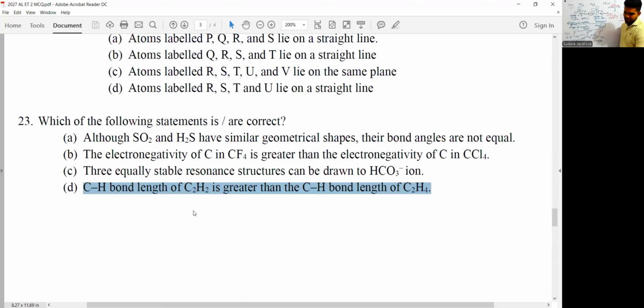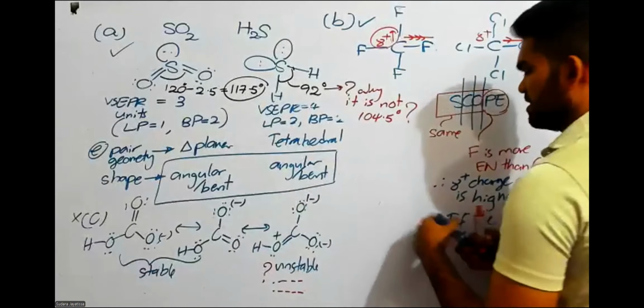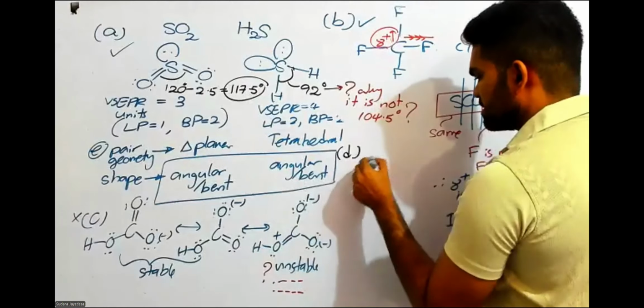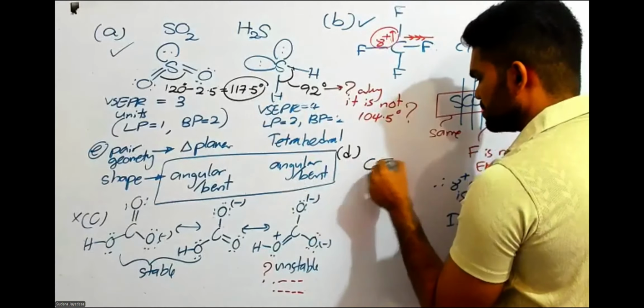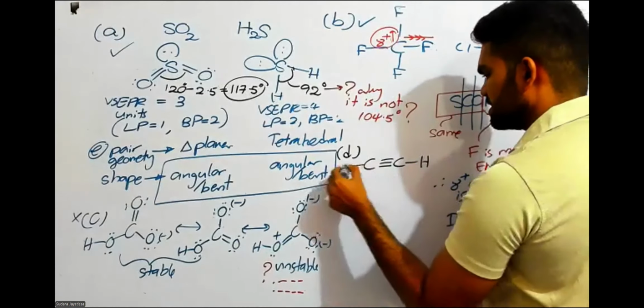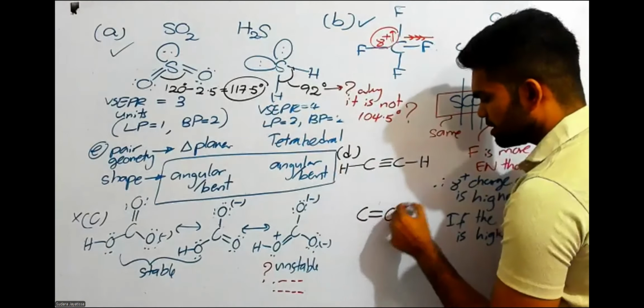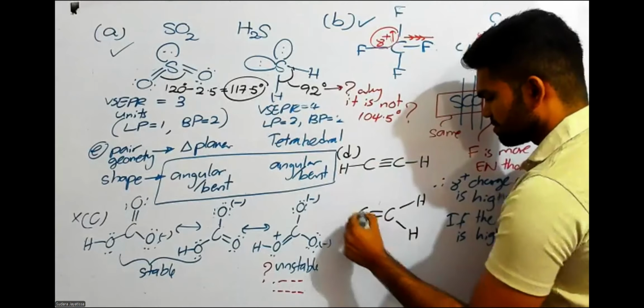And then the last one: the CH bond length of C2H2 is higher than the CH bond length in C2H4. Let's see that one. If you draw the Lewis structure of C2H2, it is this. Then C2H4, it is like this.